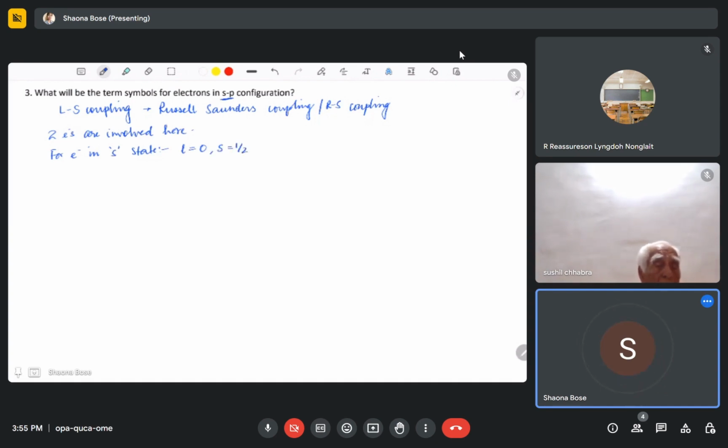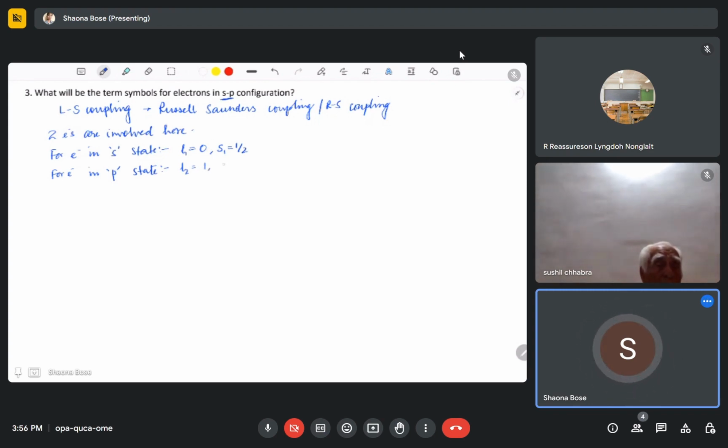And S is half. For the electron in the p state, okay, here I will write L1, S1.